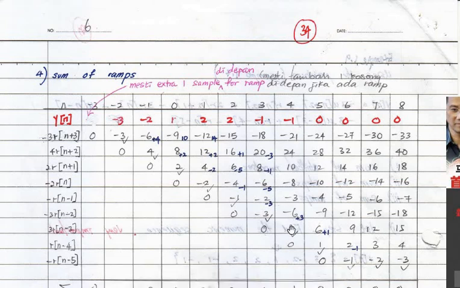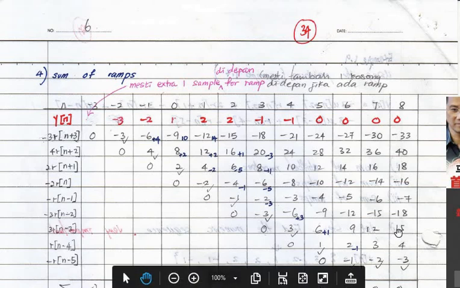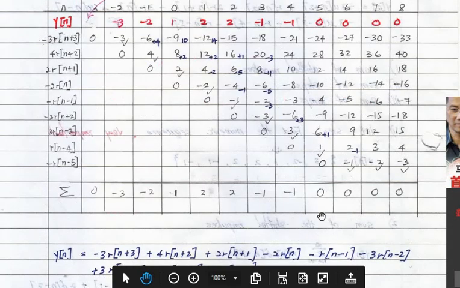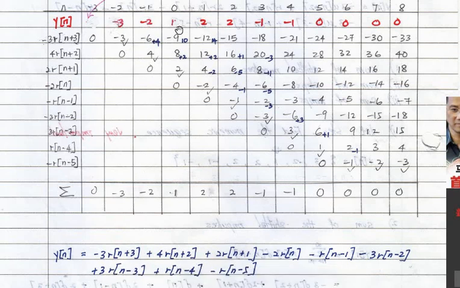So you top up with 3, 6, 9, 12, 15, for 3r[n] minus 3. The same for the others. And then you sum up everything again. Make sure this numeric sequence is the same as this one. If it is the same, it means the answer is correct.